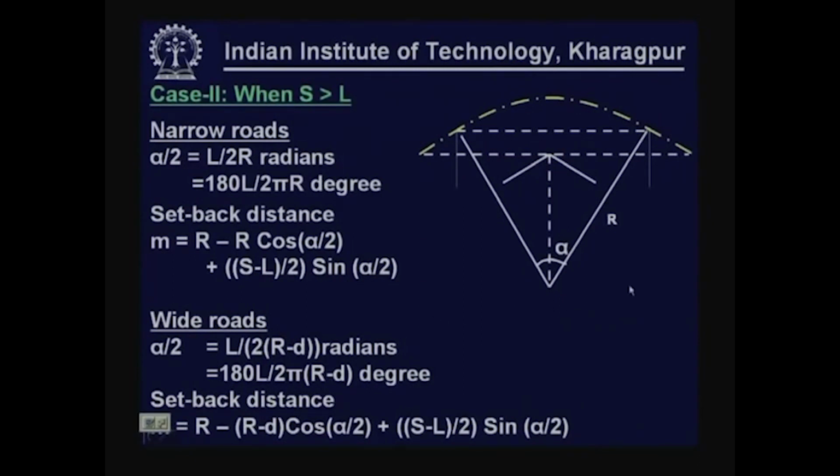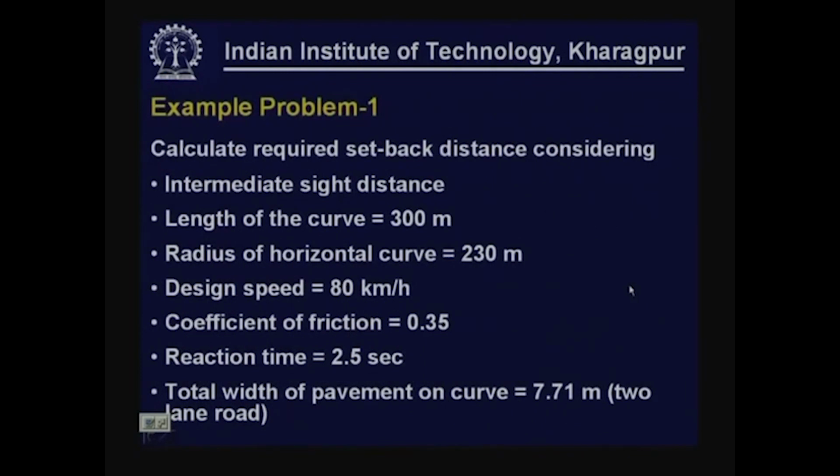Now, let me take an example. Calculate the required setback distance considering intermediate sight distance. Length of the curve is 300 meter, radius of horizontal curve is 230 meter, design speed is 80 km per hour, coefficient of friction 0.35 as per IRC, reaction time 2.5 seconds and total width of the pavement is 7.75 meter.